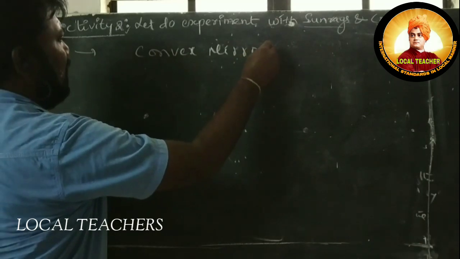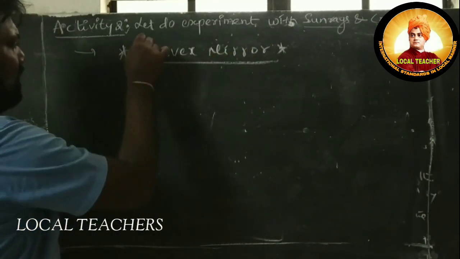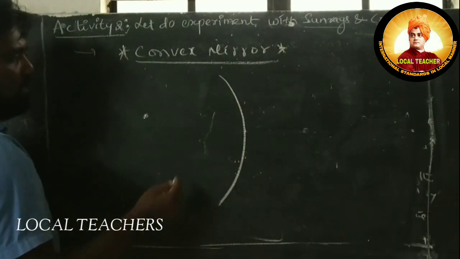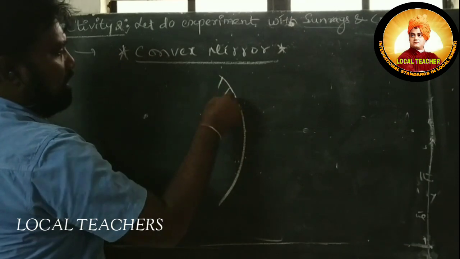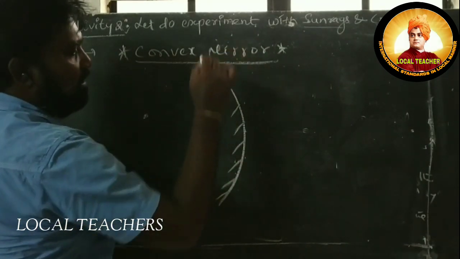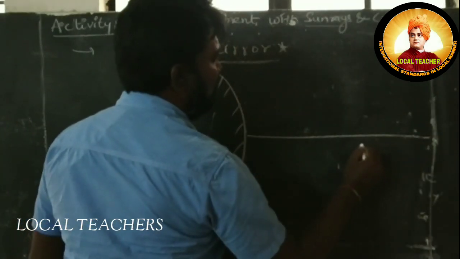So here also hold this convex mirror such that the sun rays fall on it. Okay, here this is convex mirror. So inside it is having rough surface and outside it is smooth surface. So here it is principal axis.